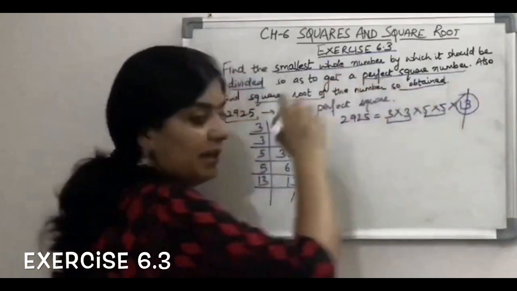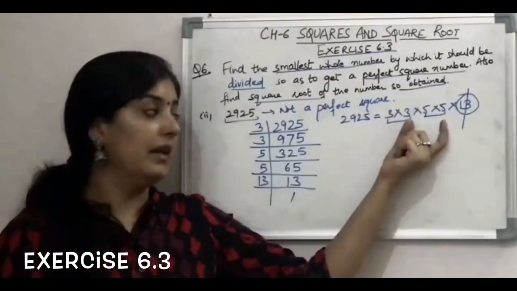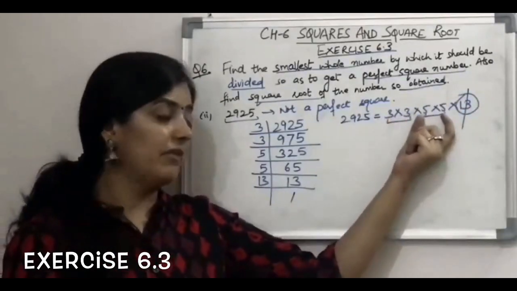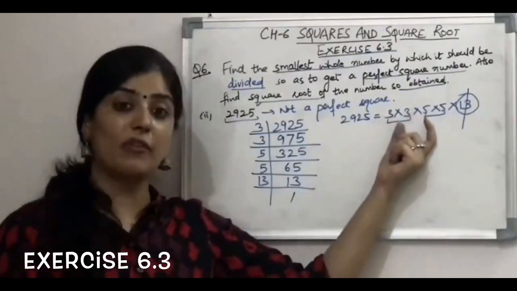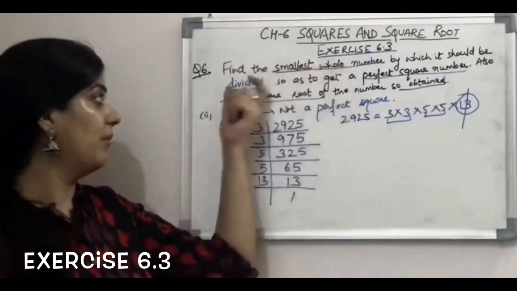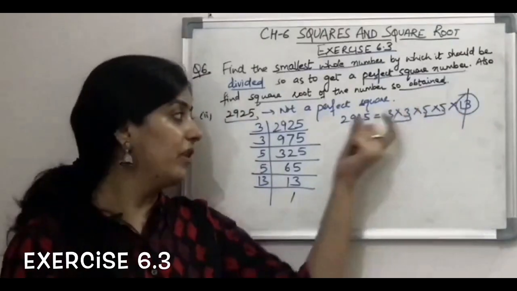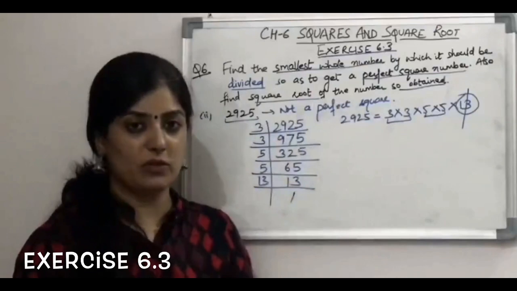We don't need this. If we don't have this number, then this will be a perfect square. If we remove this single number, then all the factors will be in pairs and the number obtained will be a perfect square. So this is what we do in questions where it is written to find the smallest number by which it should be divided. So 13 is the smallest number by which we will divide this number to get a perfect square number.